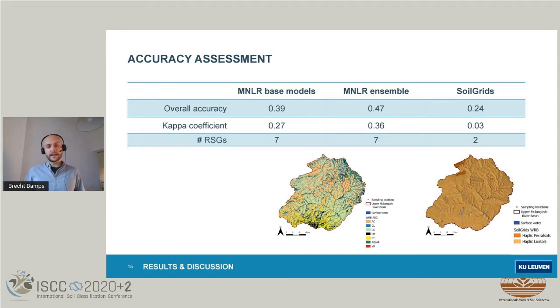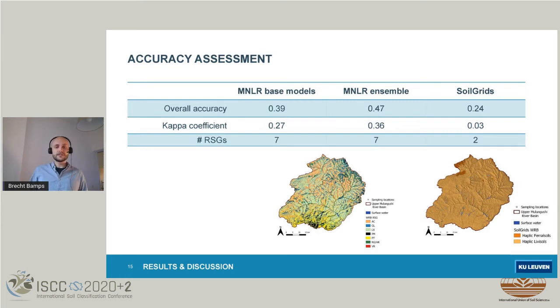And on the other hand, also note that we were able to map 7 reference soil groups, while SoilGrids at the time only represented 2 reference soil groups occurring in our area, and hence missed a lot of valuable information. And here it's also important to note that this concurs with the call for continued efforts for fieldwork and adding to our list of observations, because we can only make our models as good as the data that we put into them, and that is certainly true for soils as well.